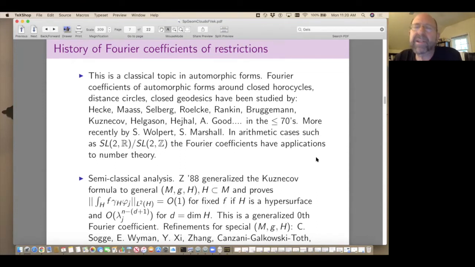My own entree into the subject came because I was a postdoc at Columbia, and Hecke was studying these Kuznecov, what they call relative trace formulas in the Langlands program. And I knew the theory of Duistermaat-Guillemin about how to generalize the Selberg trace formula. So I generalized the Kuznecov and Bruggeman formula in the mid-80s.